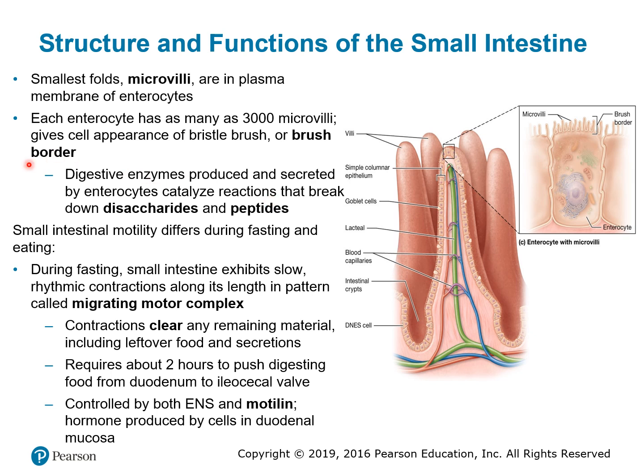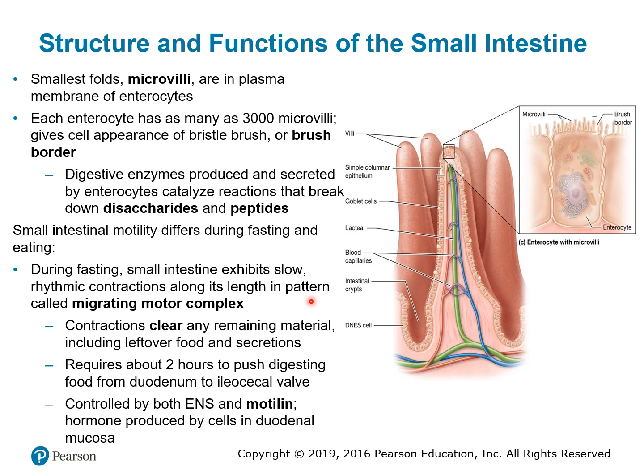So the small intestine motility differs between fasting and eating because during fasting, the small intestine is slower since there's not really a lot of movement when the food is brought in. There are fewer rhythmic contractions, and it does this in a pattern called the migrating motor complex. This is when the contractions are clearing any of the remaining material since there's nothing new coming in.